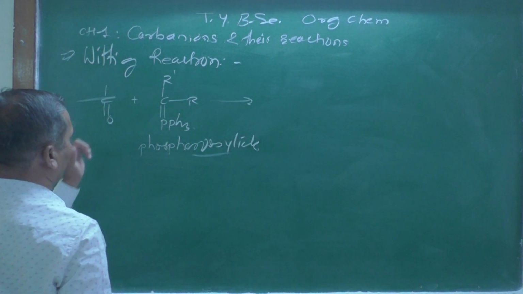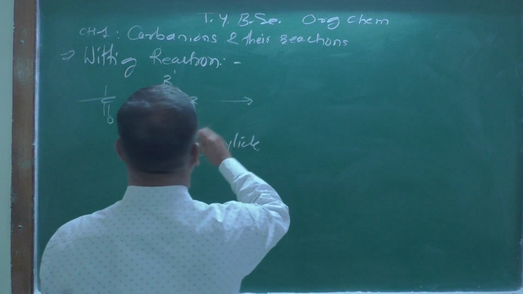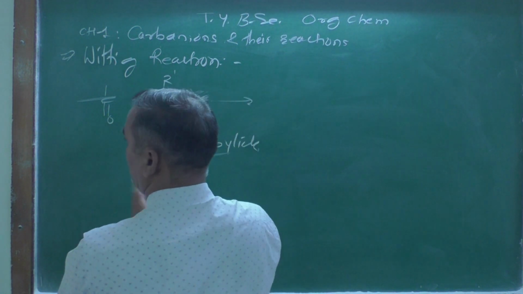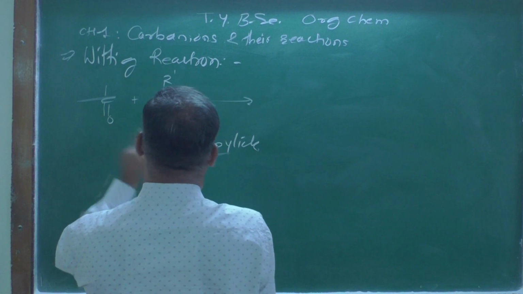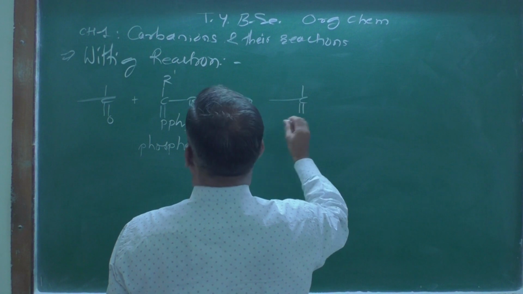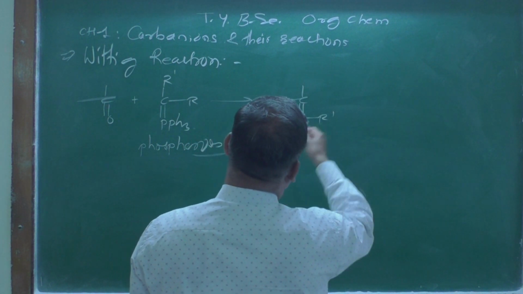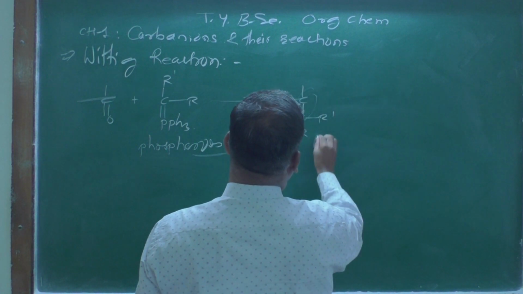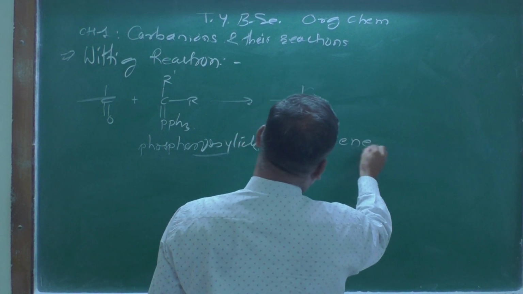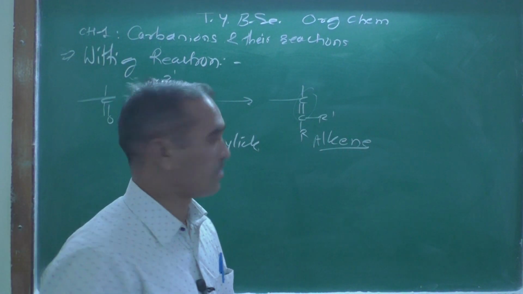The affinity between phosphorus and oxygen is the driving force, and the resulting compound is obtained as an alkene with a double bond, C with R dash and R. Remember, an alkene is formed specifically, and that is why it is called the Wittig reaction.